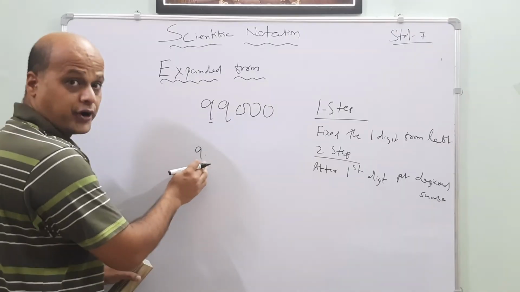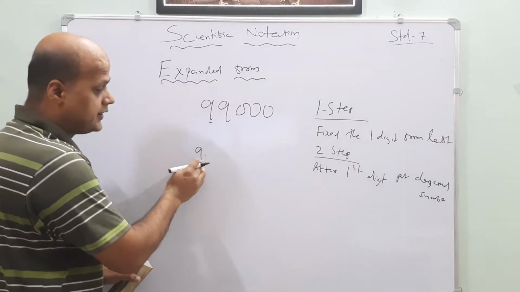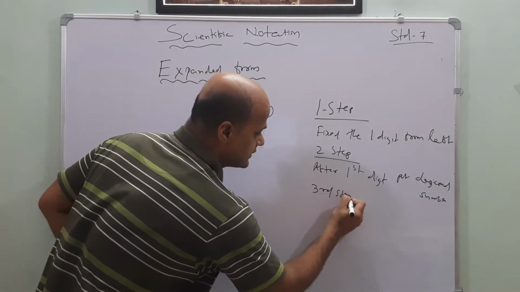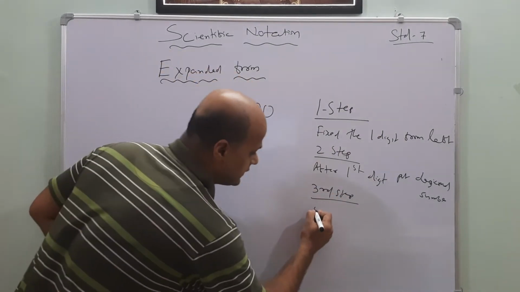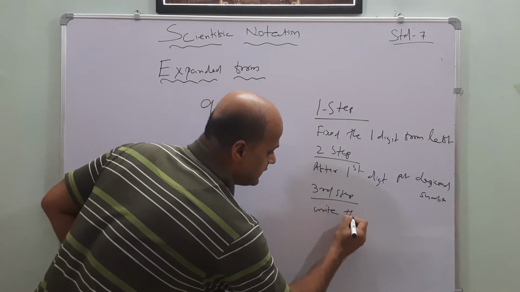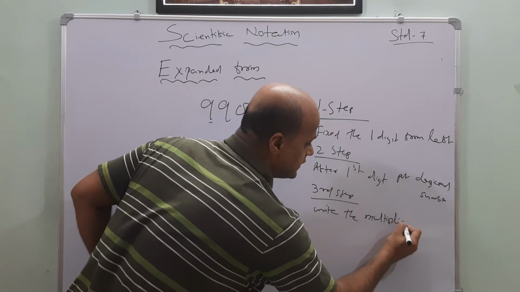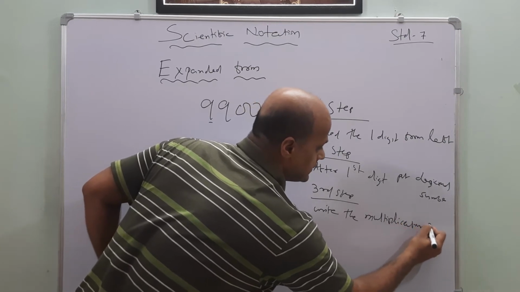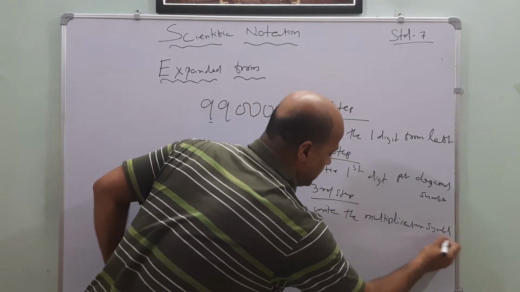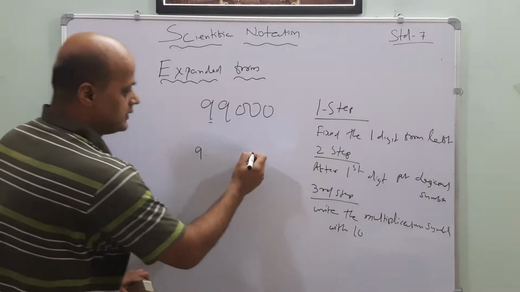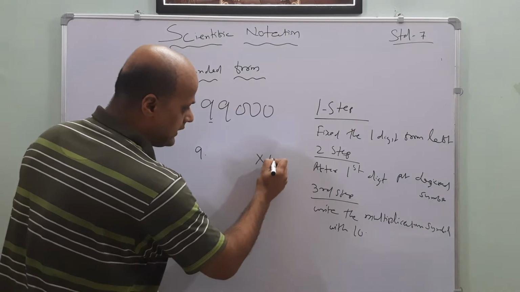If you put the decimal point here, then the third step is to write the multiplication symbol with 10, which means multiply by 10 right here.